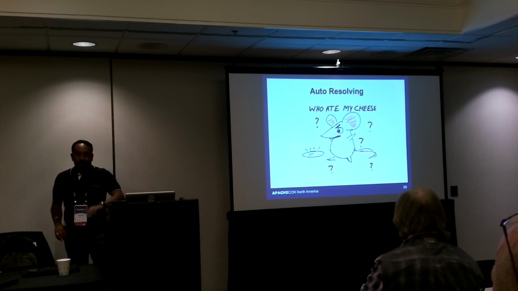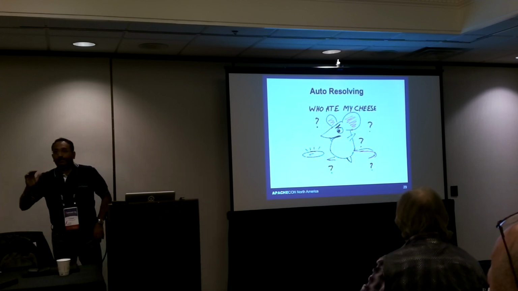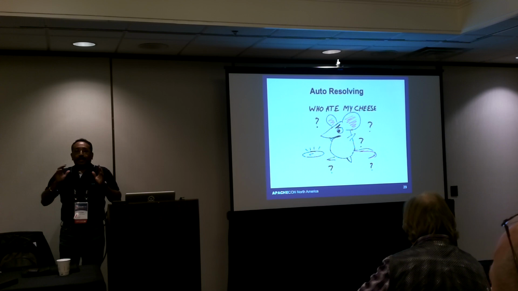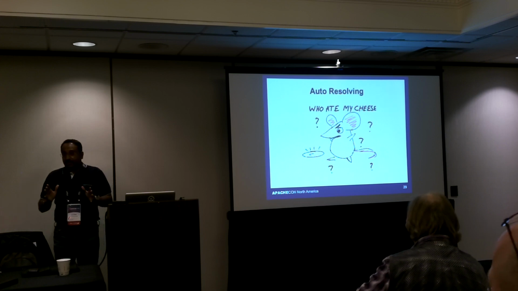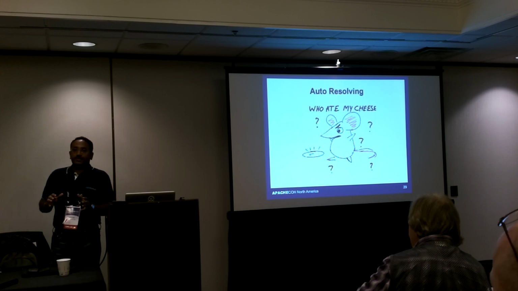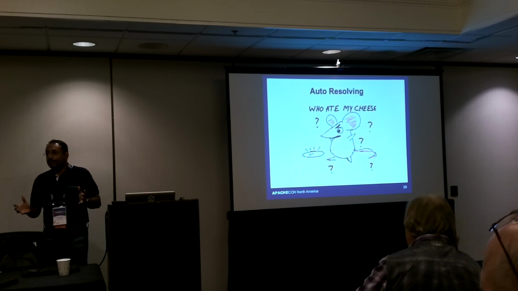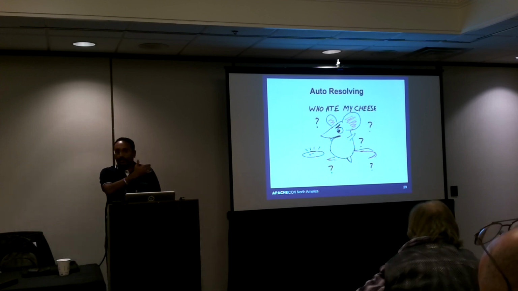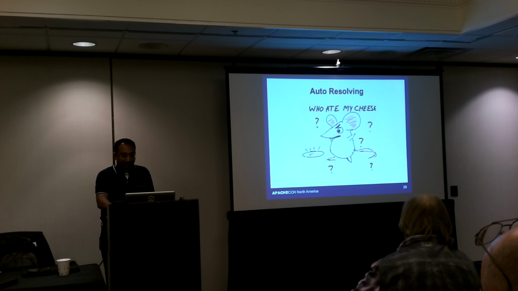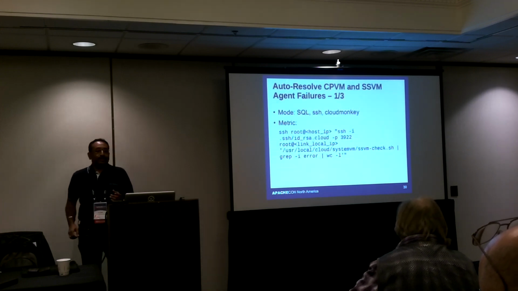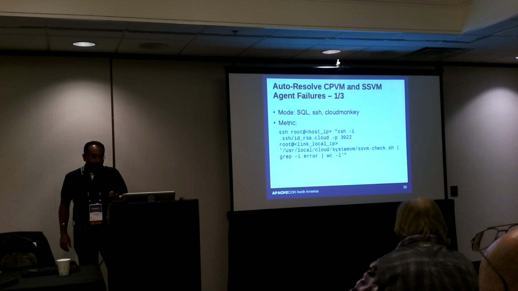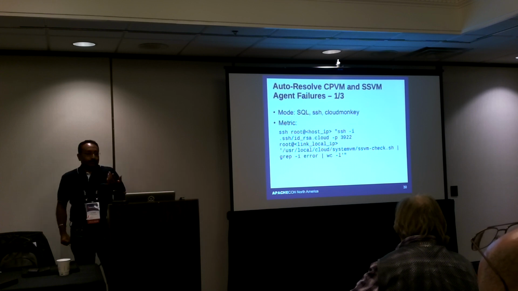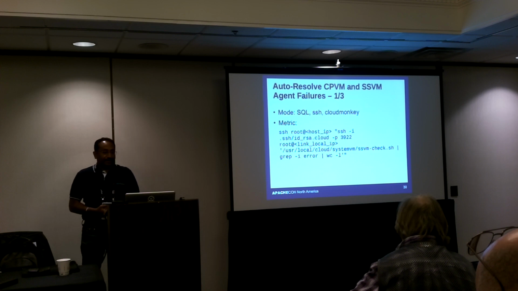Now let's come to auto resolving. There's a disclaimer. We need to be really careful in running these. It does work, but we need to exercise prudence as to what to use, when to use, and in which scenarios to use. In this I'll be giving a lot of examples and code snippets. So typically, for an agent failure in SSVM and CPVM, we have the metric of SSVM check.